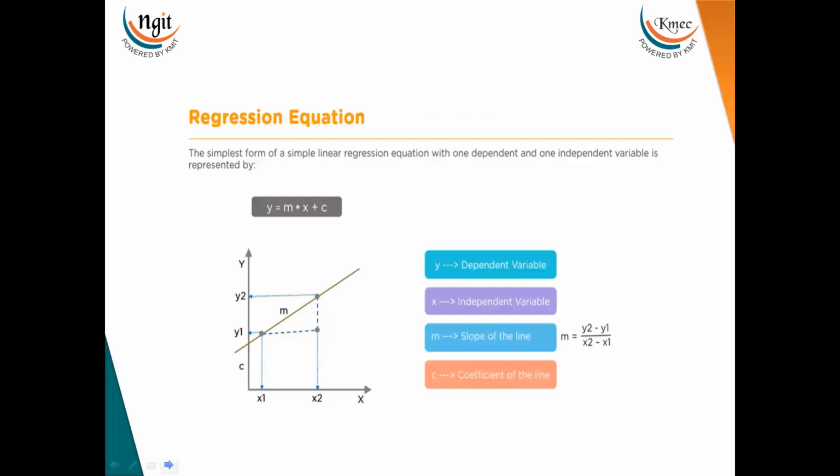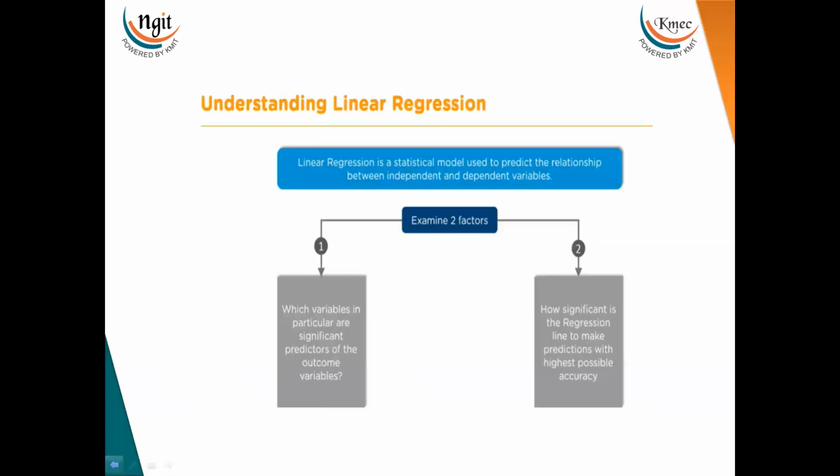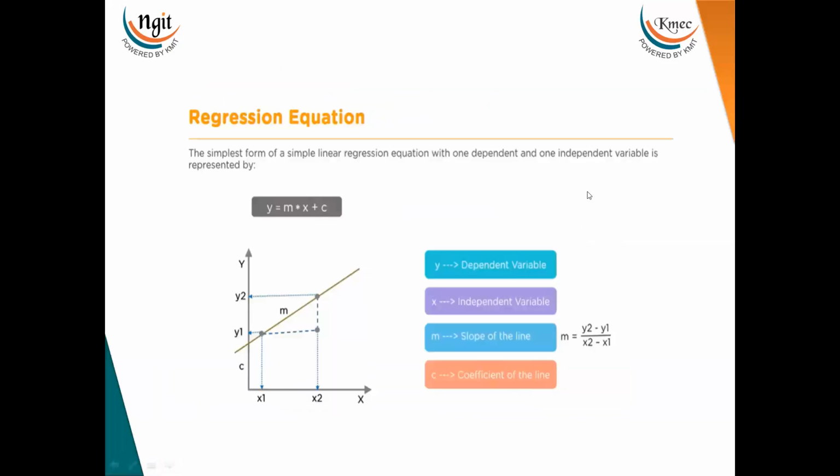When we talk about linear regression, we have an equation. First we have to discuss what an independent variable is and what a dependent variable is. Suppose I want to calculate rainfall, and using that rainfall, I want to calculate how much crop yield I can have every year. Rainfall is not in my control.